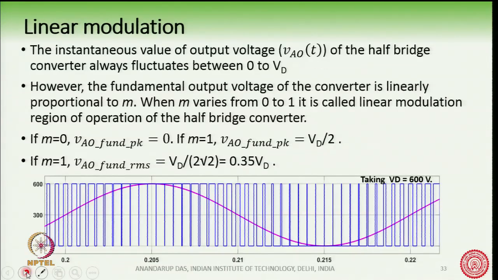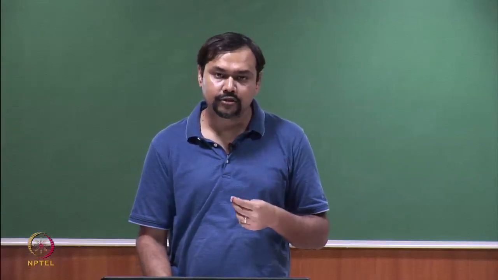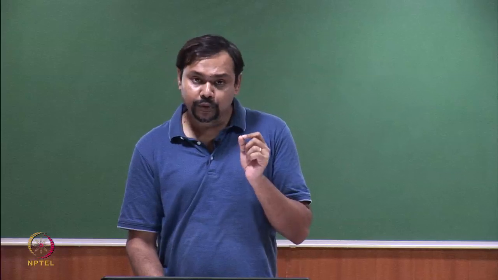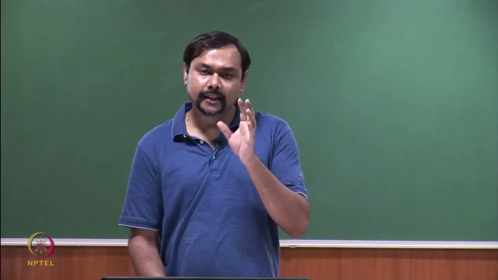Vd being a constant, the output voltage is linearly proportional to m. So, this is the advantage of the linear modulation, linear sine triangle PWM or linear sinusoidal PWM, that the output voltage can be controlled by varying m, and it is linearly proportional.